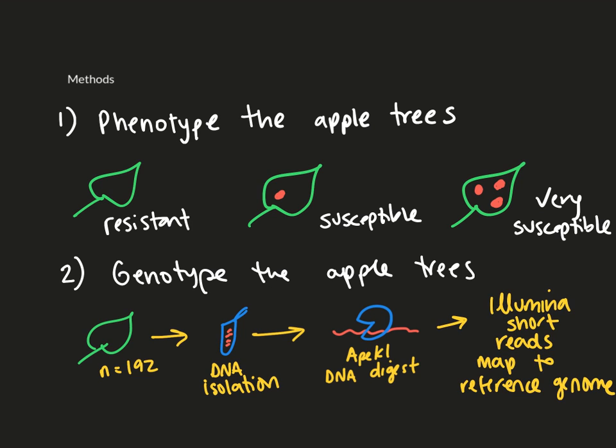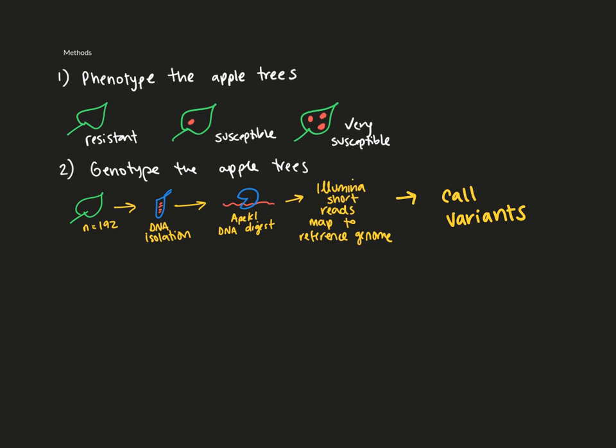And in this case, they used Illumina to obtain short reads that they then mapped to a reference genome for the Golden Delicious apple. After they had their mapped reads, you can refer back to the RADseq video with the tuna if you want to know what I mean by mapping.